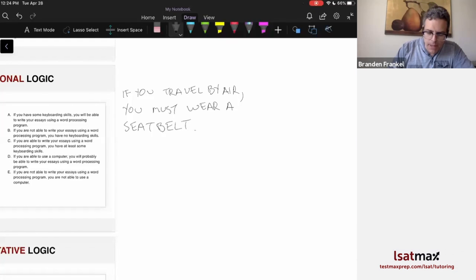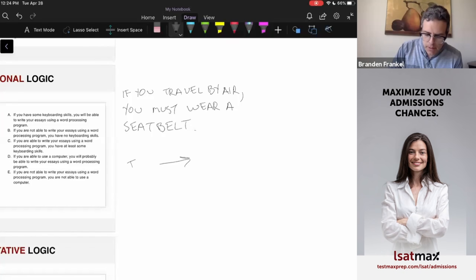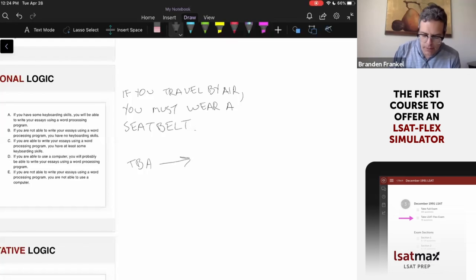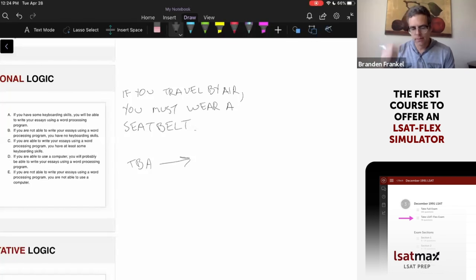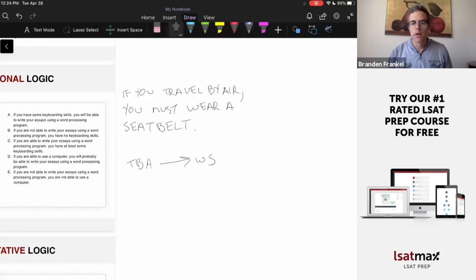Whenever you have an if-then statement, you can always diagram it. Here's how you diagram an if-then statement: you just draw a little arrow. The stuff that comes right after "if" goes on the left side. Let's call that travel by air. I would abbreviate it like that. Where seatbelt is the other half of the statement.